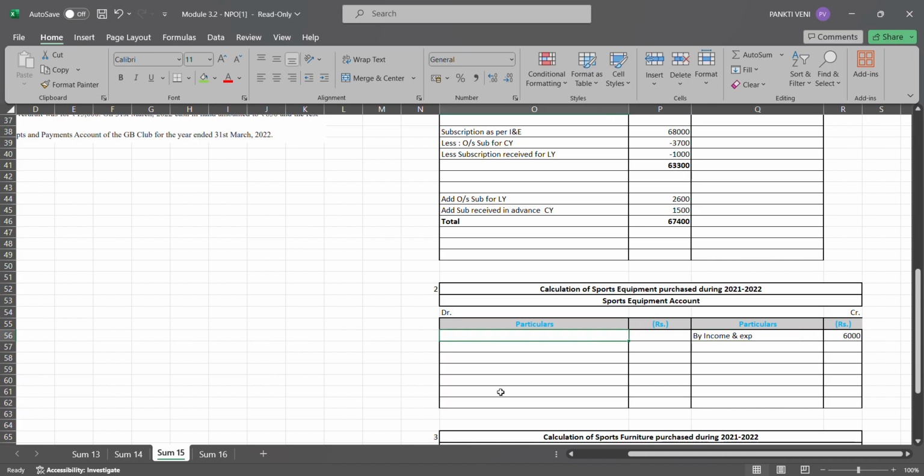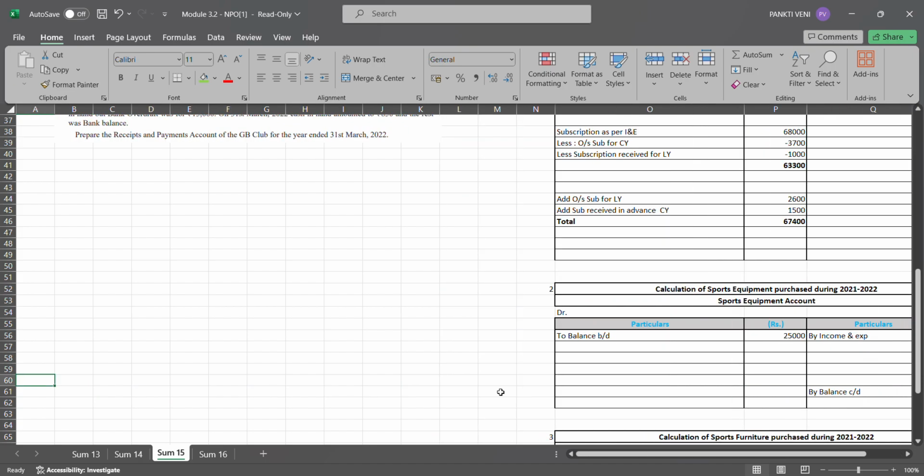Then I have opening balance brought down, that is given in the adjustment, 25,000. I have closing balance also by balance carried down, that is 24,000. This also I have taken from the question.